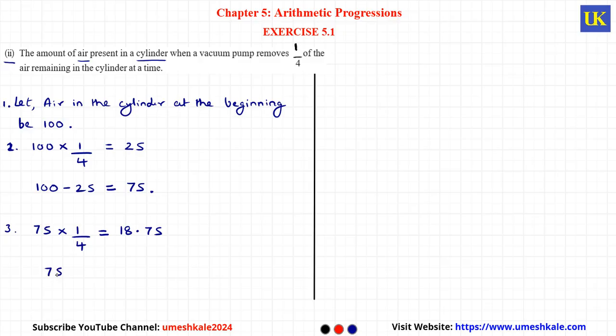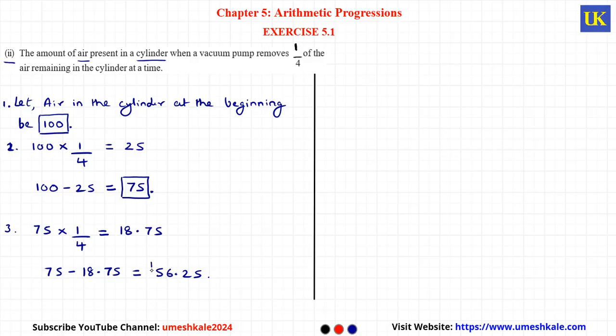So we have to remove this 18.75. So 75 minus 18.75 will be 56.25. So for the first time the air was 100. Second time when we removed one fourth of air, there was 75 units of air.